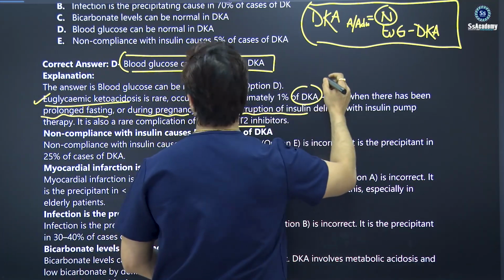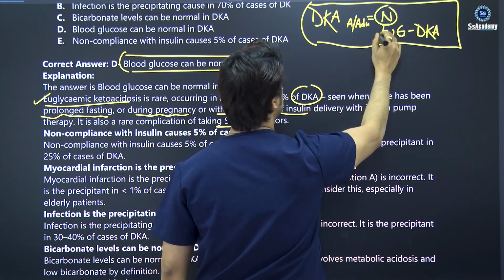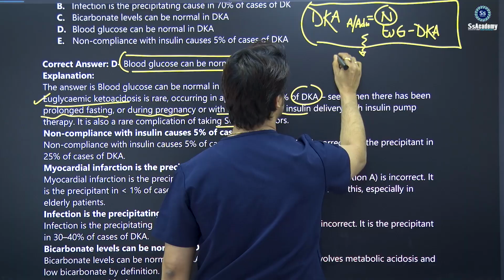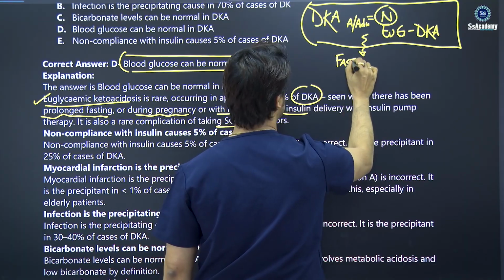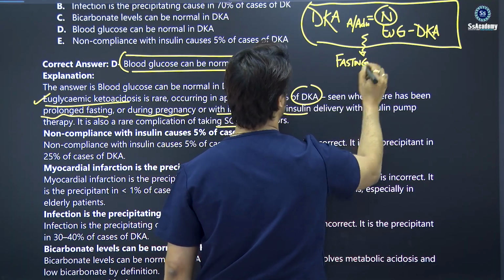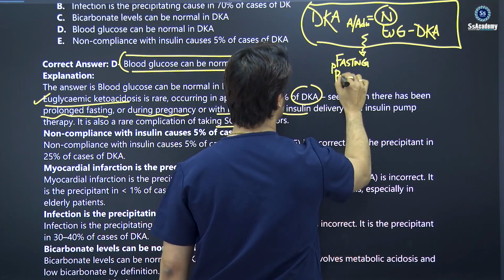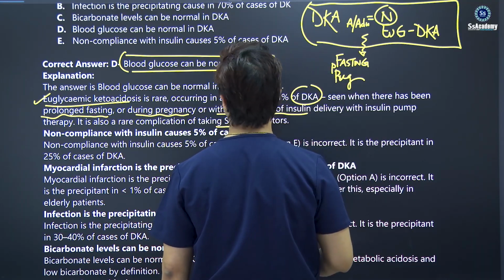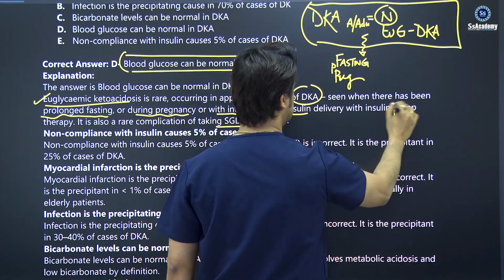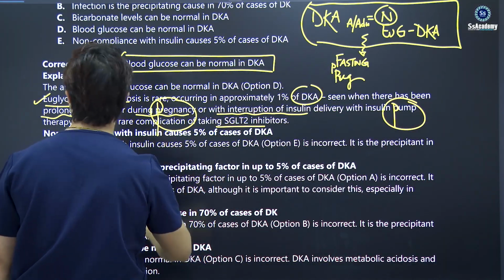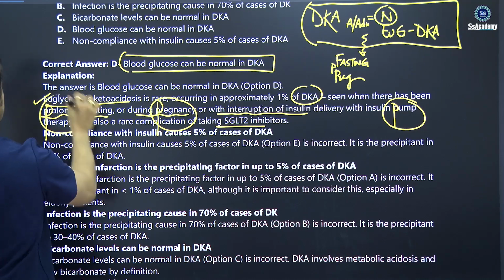So this is important. We know that SGLT type 2 inhibitors can cause euglycemic DKA. So write down that euglycemic DKA in adults can have normal sugar, but the conditions are prolonged fasting, pregnancy, and the pump. So P for pump, P for pregnancy, and another P for prolonged fasting.